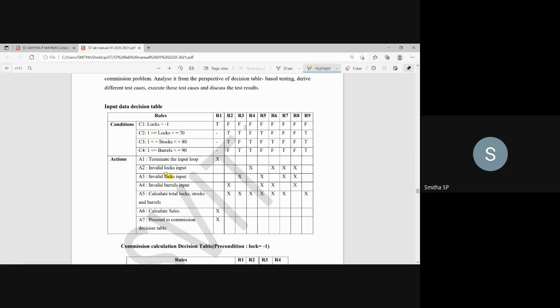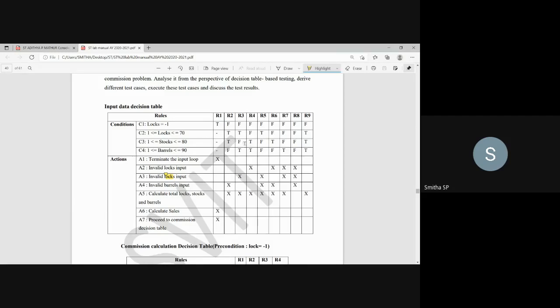Next, coming to rule 3, the condition logs is equals to -1 is not satisfied, so that is false. Next, you have made an entry for the logs, stocks and barrels. Here the logs and barrels are within the production limit, that is within the valid range, and for stocks, invalid input has been marked, so the condition C3 is false here.